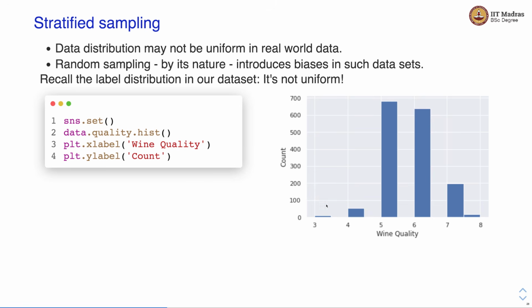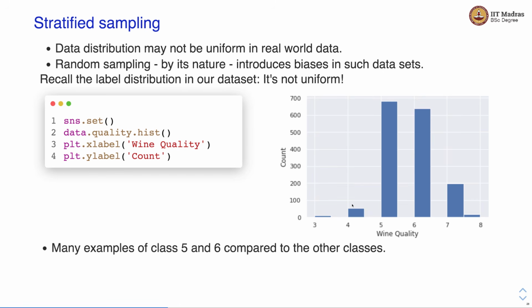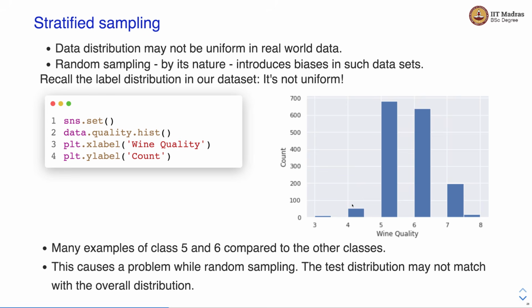So the distribution of the label is not uniform, and this could be a problem for random sampling, because the test distribution may not match the overall distribution.